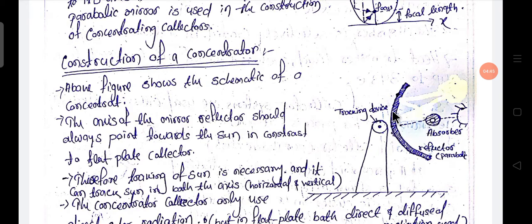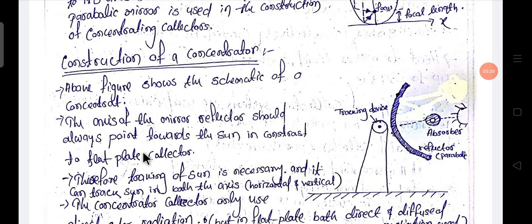Okay, and this parabolic concentrator has a tracking device that tracks the position of the sun and always faces the sun. The axis of the mirror reflector should always point towards the sun, in contrast to a flat plate.